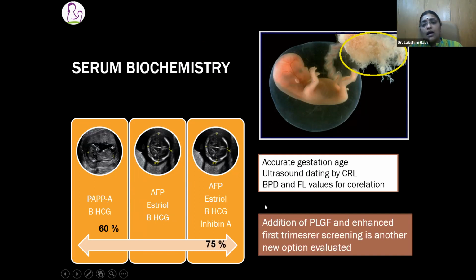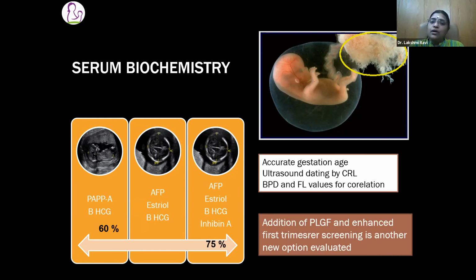Now, what is very, very important when you do serum biochemistry is, first, you need to have accurate dating. Why? Because the ultrasound dating is very, very important because these markers are dependent on the gestation age of the fetus.